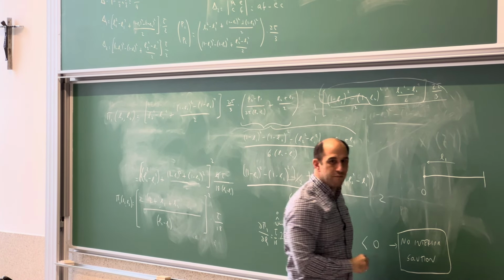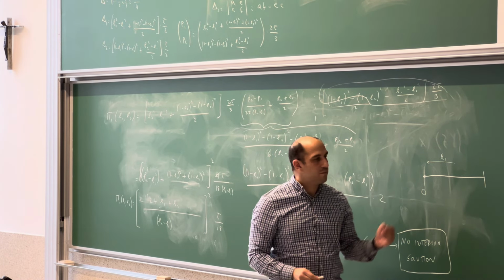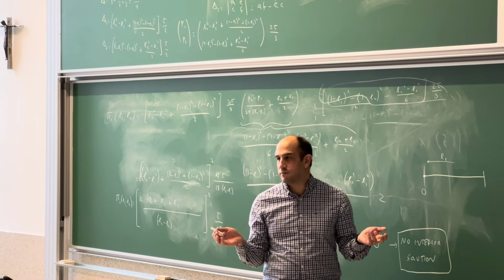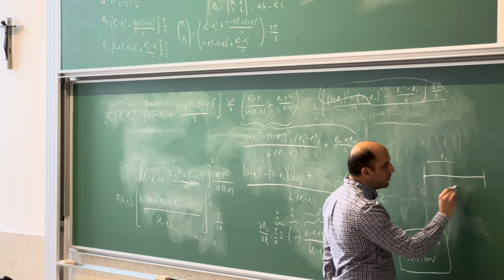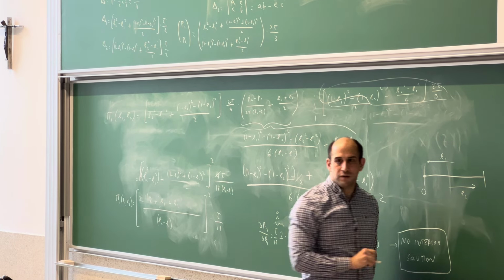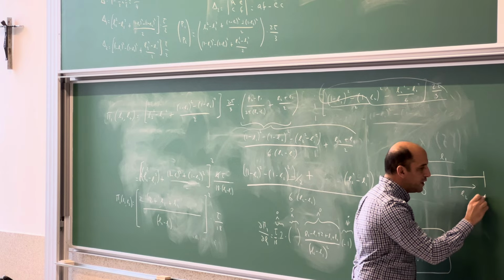So firm 1 is going to locate at 0, and then for firm 2, if you do the algebra, which I invite you to, the derivative is going to be positive. And it's always going to go towards 1.